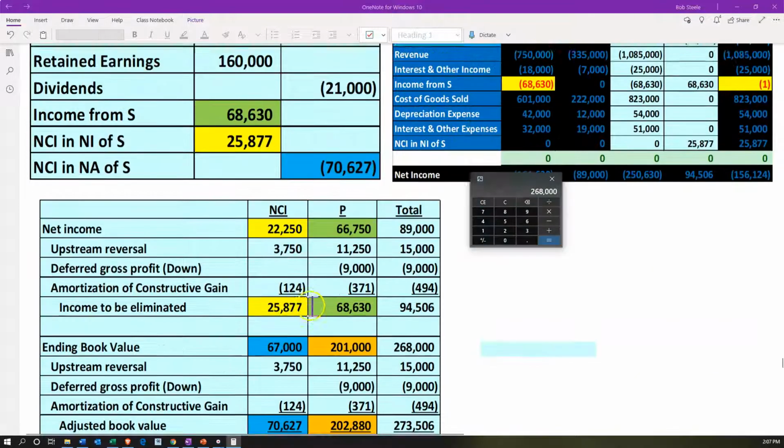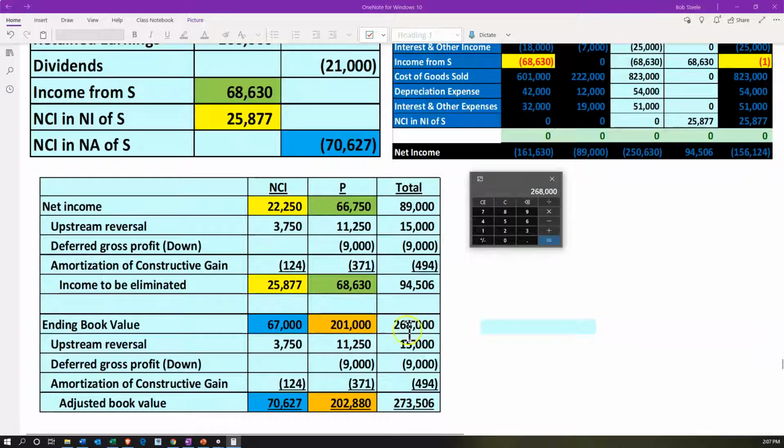That would be the 268. As we can see here, we typically break it out, the 75 and the 25. So if I was to say the 25 of the 268,000 times the 0.25, that's what we normally would use, the 67,000. We've adjusted it now to the 70,000. So there's the 70,000 credit.